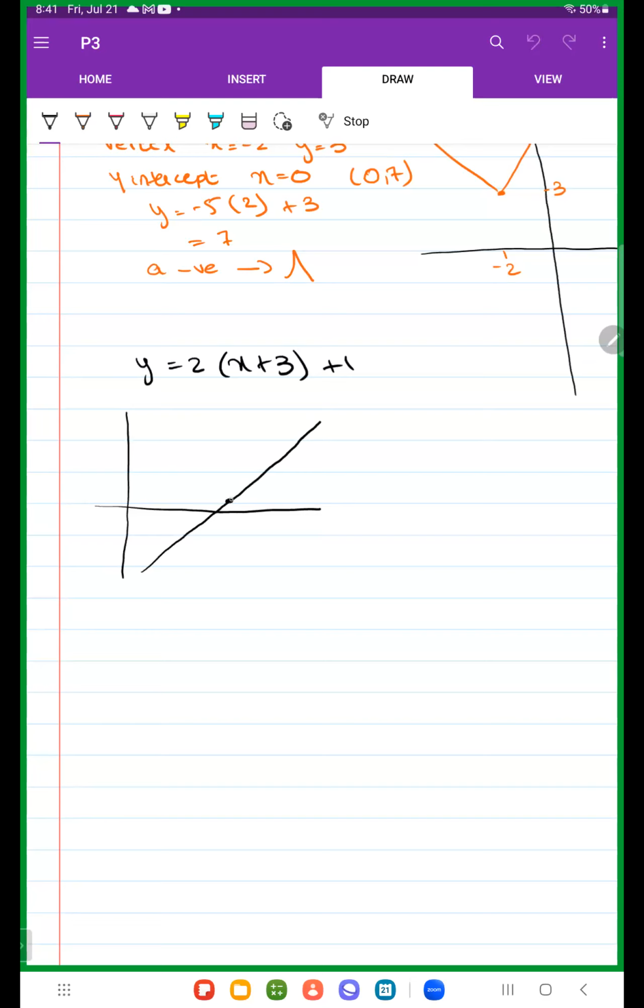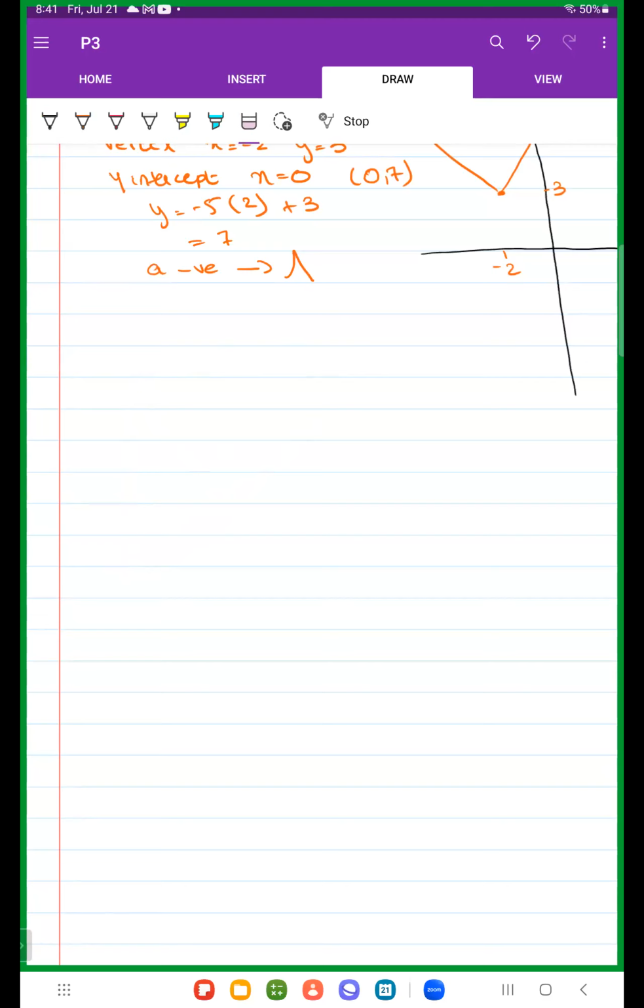So if this is the vertex, it will just reflect this side of the line upwards. This is why the shape of the curve is like this. It's reflecting the negative into positive because of the sign. Are you clear with the concept in here?